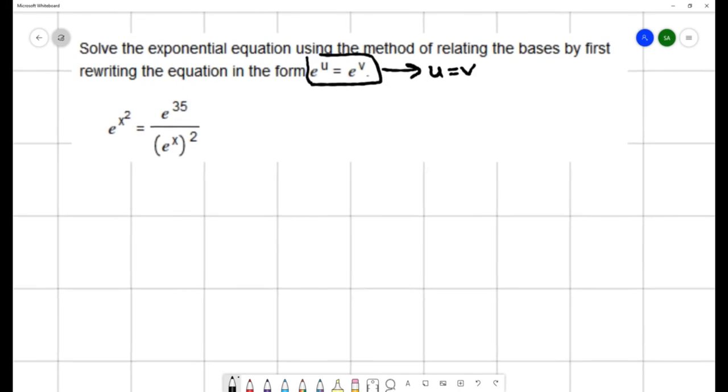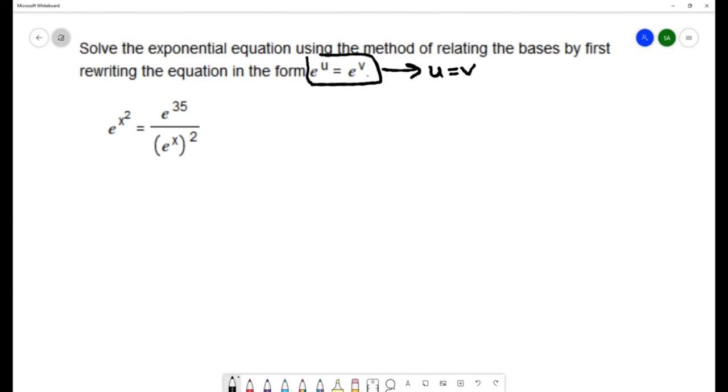On this one, we need to really refine our exponential properties. The first thing I'm going to simplify is this portion right here. We're going to use a property of exponents called the power rule. The power rule deals with the situation when you have an exponential expression like b to the m, and then that is raised to another power.